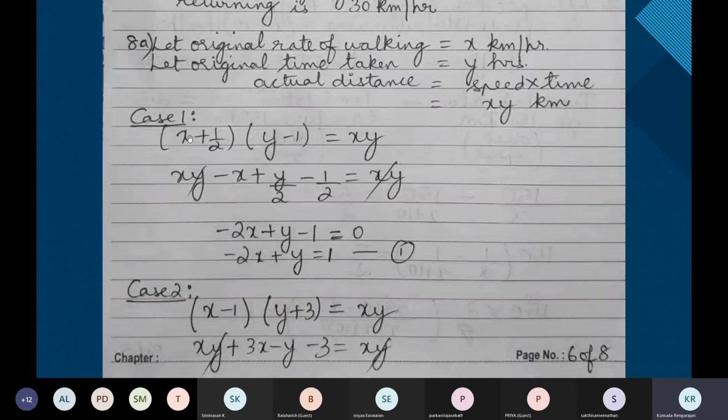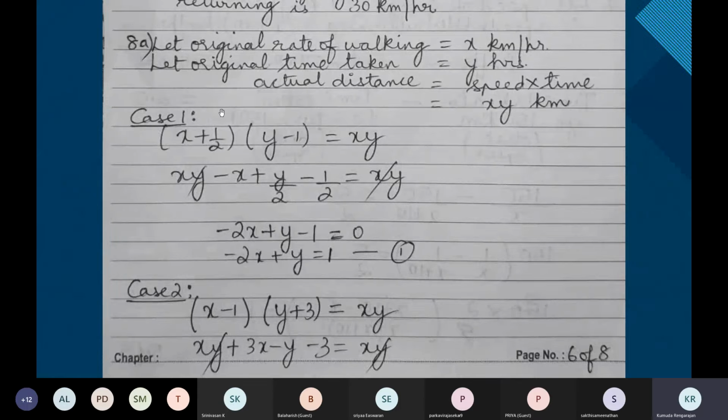We know that the new speed into the new time taken is the same distance, it will not be a new distance, because he is talking about the same distance. To cover the same distance, when he increases his speed by half a kilometer, he takes 1 hour less.